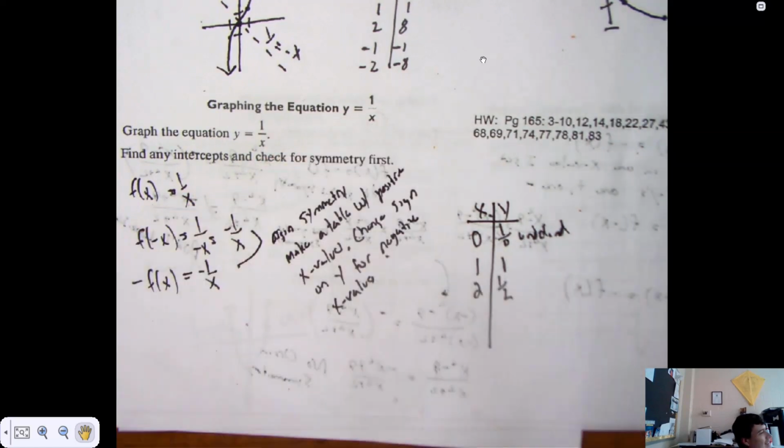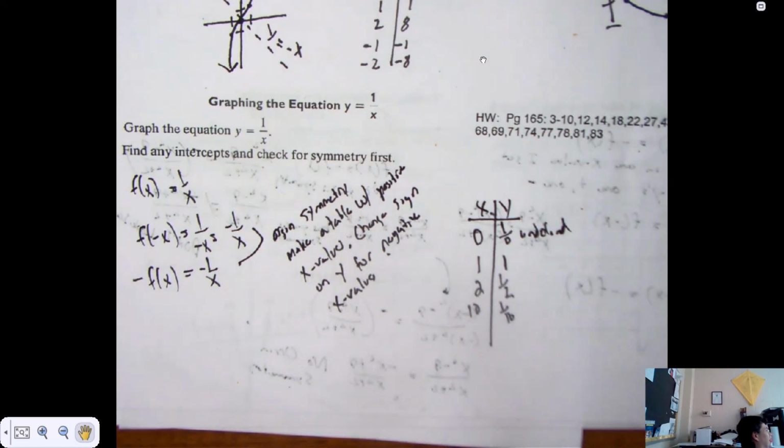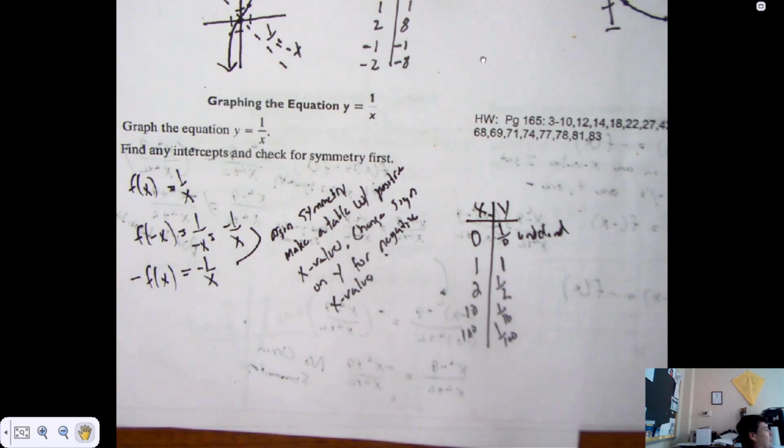What do you get? You get a half, right? Give me a big number. 10? Is 10 a big number nowadays? 1/10. Give me a bigger number. 100. Now think for a few seconds. Where is this thing going?